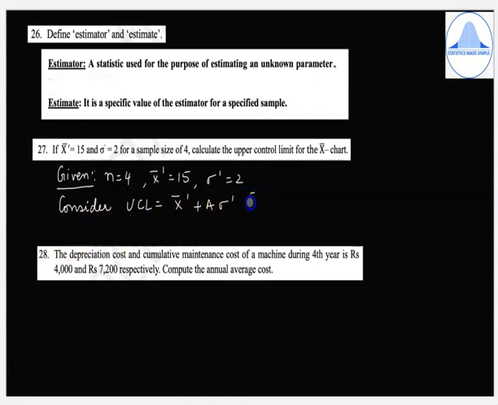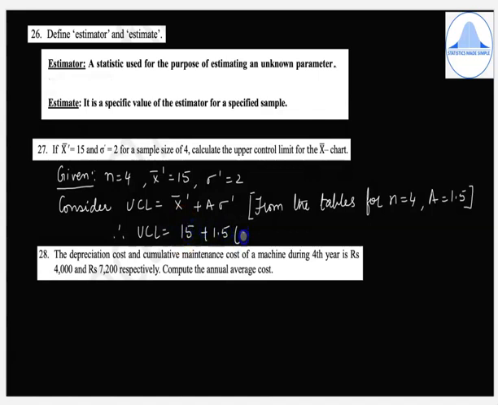So within brackets from the tables, for n equal to 4, the value of A is 1.5. So therefore, UCL is equal to 15 plus 1.5 into 2, which is equal to 15 plus 3. So the answer is 18.